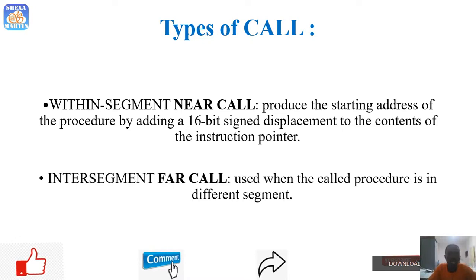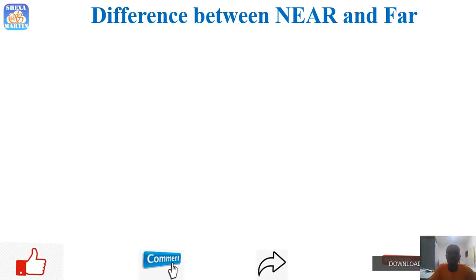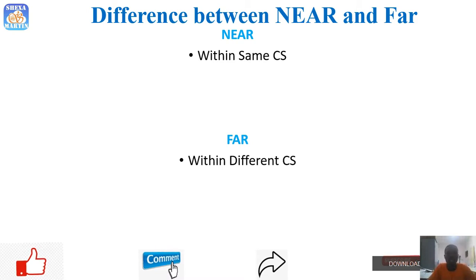Then we have the inter-segment call, which is called the far call. It's used when the called procedure is in a different segment. So that's it. Difference between near call and far call: near call is within the same segment, and far call is within different code segments.